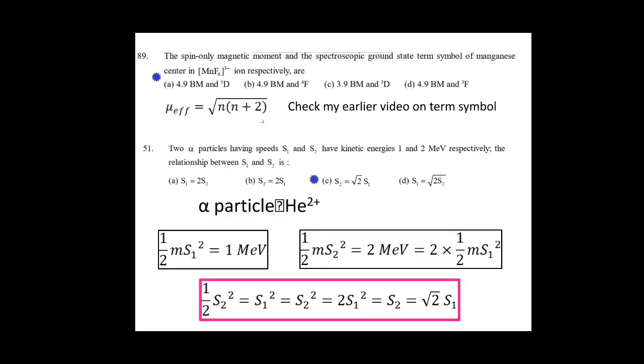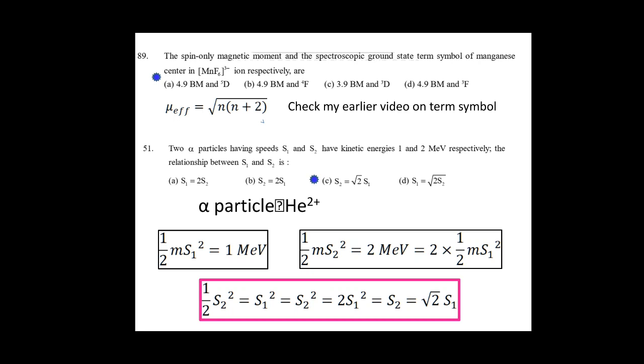Okay, there is another question which is similar to your earlier question, although this came in a different year. This is asking the spin only magnetic moment and the spectroscopic ground state term symbol of the manganese center in the MnF6 3 minus ion, respectively. So they have given four options.